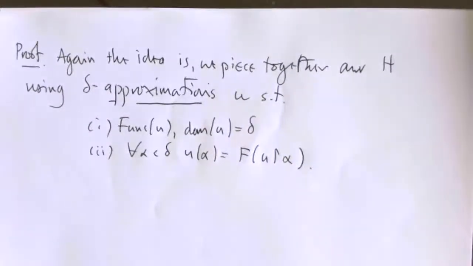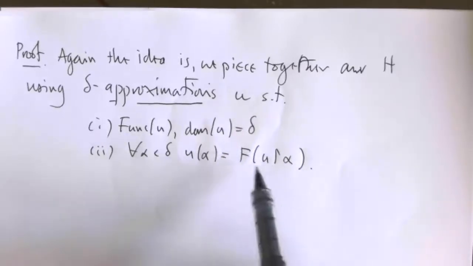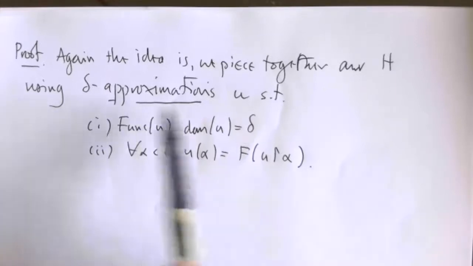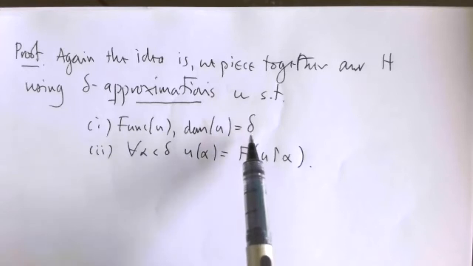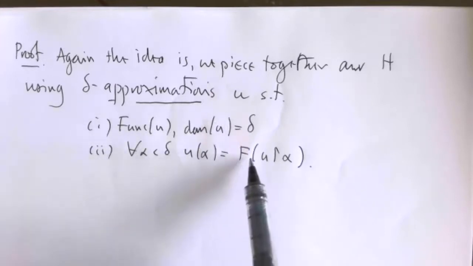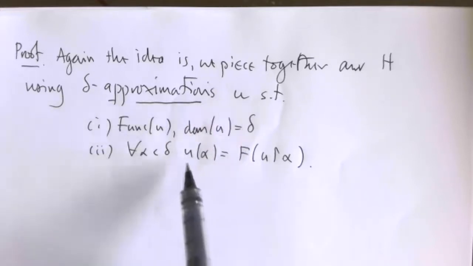So this corresponds entirely with the h that we're going to get. We want h of alpha to be f of h restricted to alpha. So the approximation satisfies the clauses 1 and 2 here. Well, clause 2 is the important one here. The approximation satisfies clause 2 all the way up through its domain.